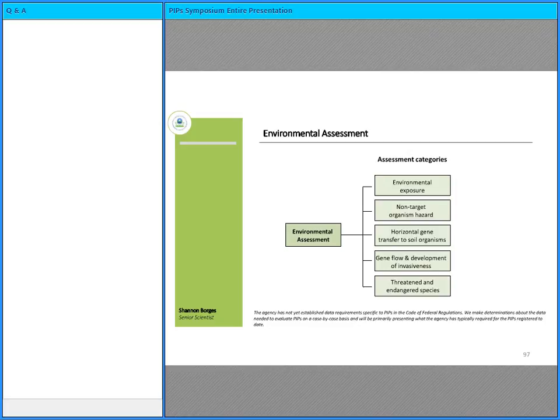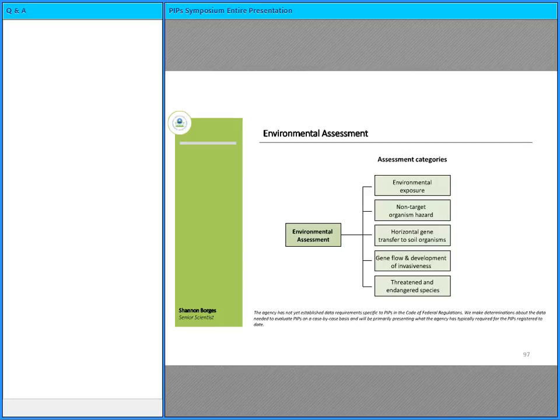I'm Shannon Borges, and as mentioned, I'll be talking to you about the environmental assessment of PIPs. This slide shows you the 5 different pieces of information that we require to complete our risk assessments for ecological effects.